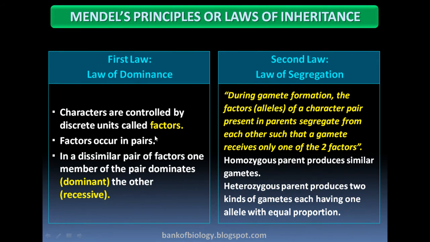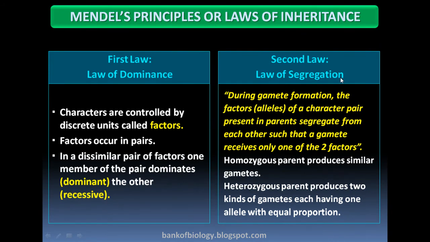A discrete unit means at that time we did not know the exact structure or composition of the genes. So this was the first law of inheritance, law of dominance.